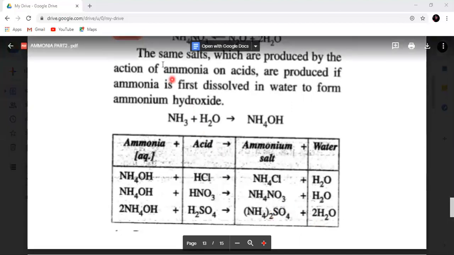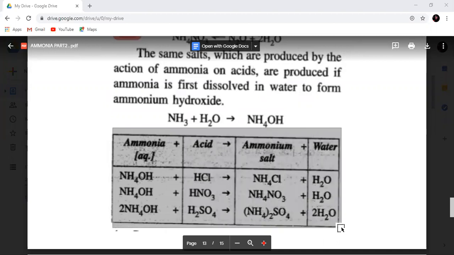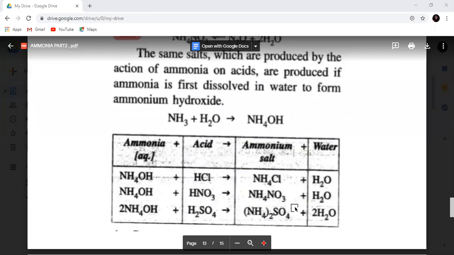Here one thing is clear: always remember the formula of aqueous ammonia is ammonium hydroxide, NH4OH. Ammonia when aqueous, that is ammonium hydroxide, treated with different acids, gives ammonium salt with water eliminated. Kindly learn these reactions.